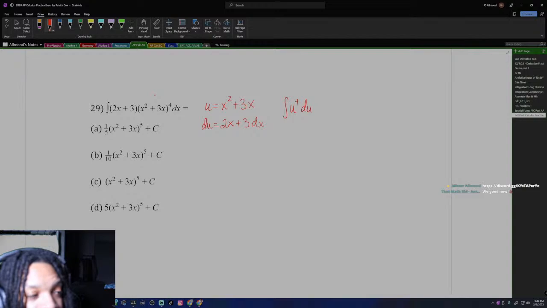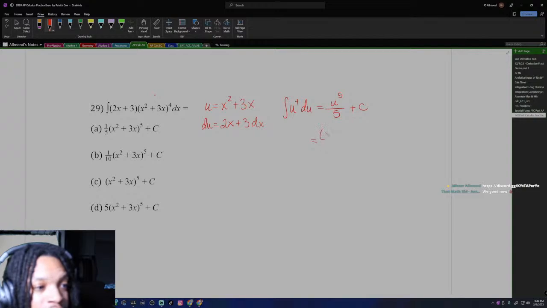If I replace u and du with what I defined them to be, then I have exactly my integral. So that's easy. Now I can just use reverse power rule, which is u to the 5th over 5 plus c, and then switch my u's back.